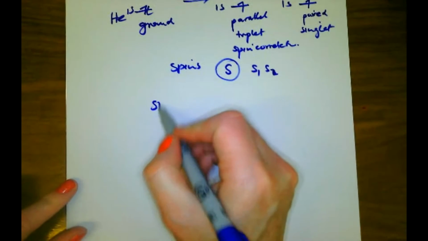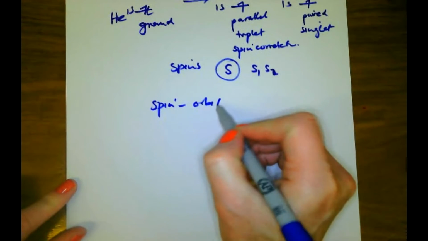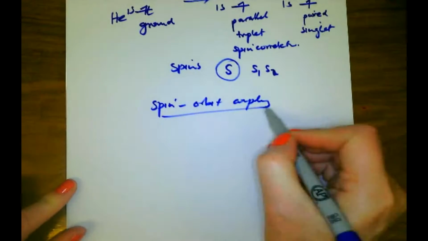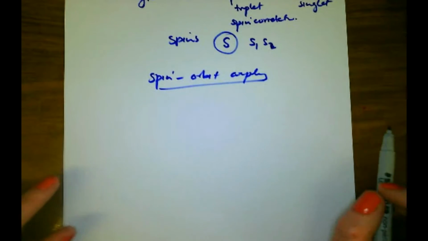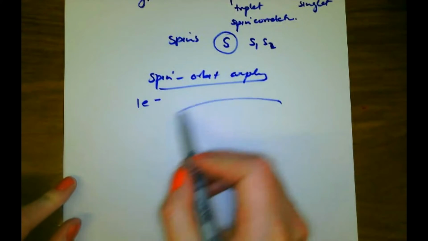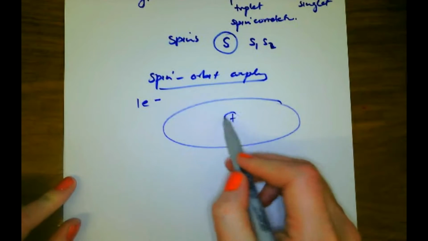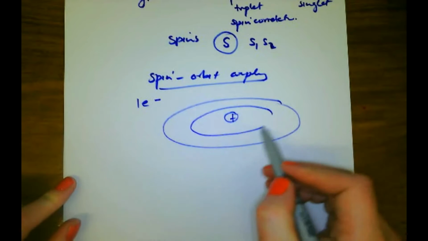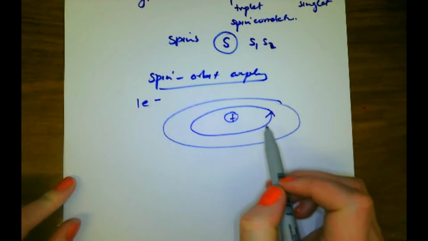When we talk about spin-orbit coupling, we have up to this stage only looked at the one electron system. So if we have an atom, we have a nucleus, and we have one electron orbiting the nucleus.